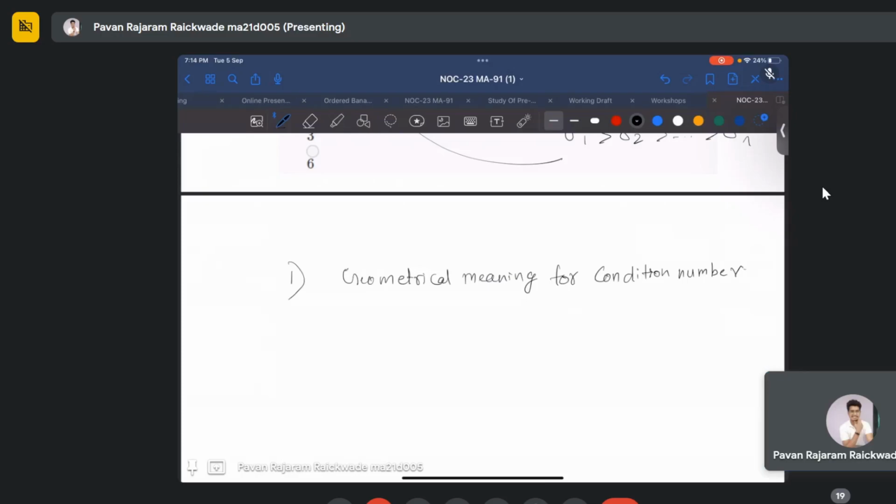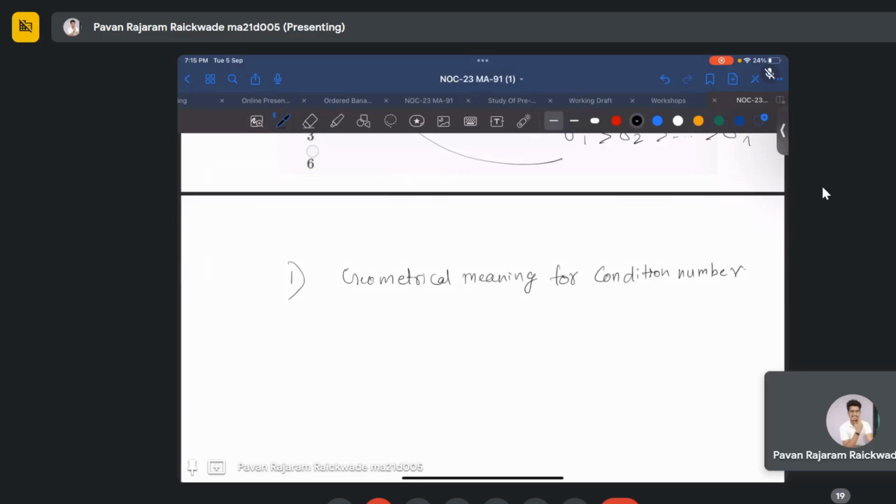Is there any conclusion we can draw from the minimal polynomial of a matrix about the Jordan canonical form of that matrix? Is there any relation between them or not? Okay, so you want to determine the Jordan matrix from the minimal polynomial, is it? Yes, sir.